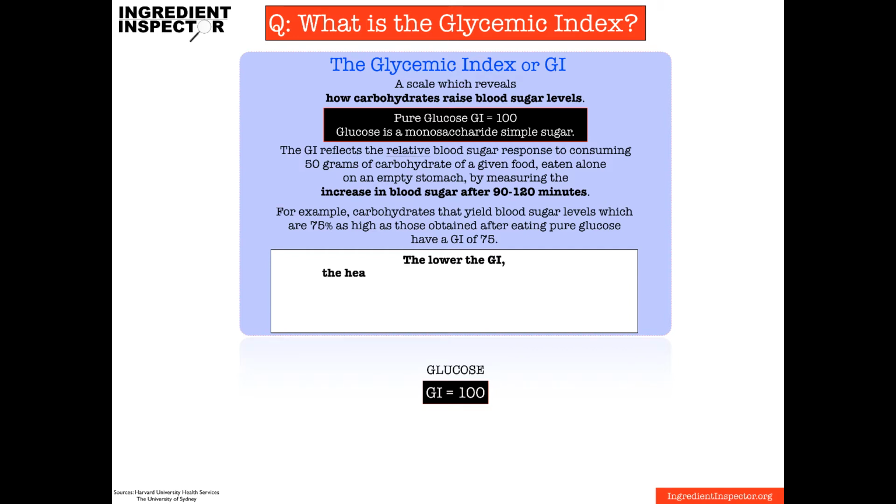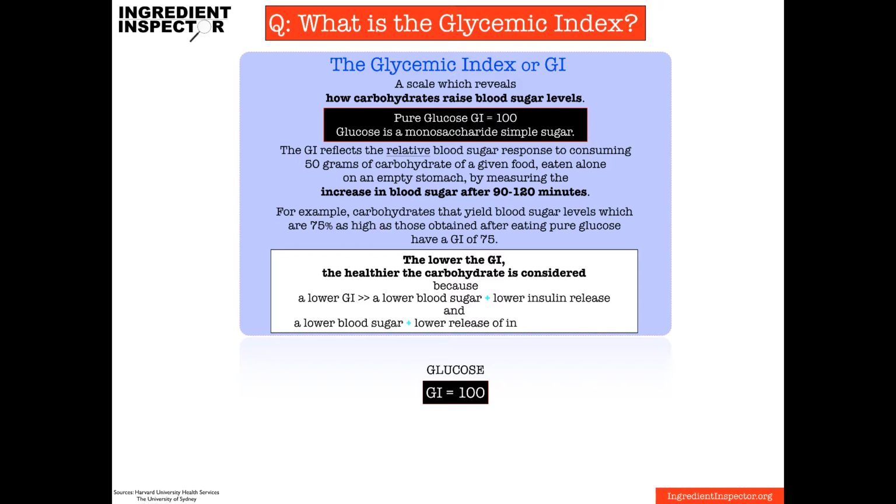The lower the glycemic index, the healthier the carbohydrate is considered, because a lower GI means a lower blood sugar and lower insulin release, and a lower blood sugar and lower release of insulin is healthier. So 0 to 55 is low on the glycemic index, 56 to 69 is considered medium, and 70 and over is high.